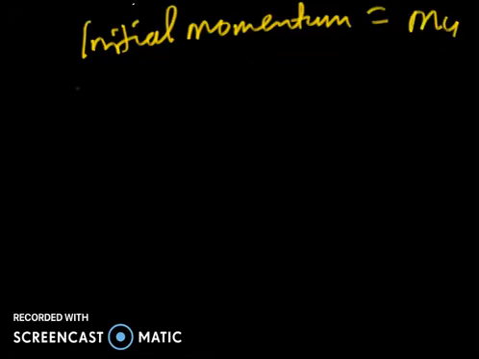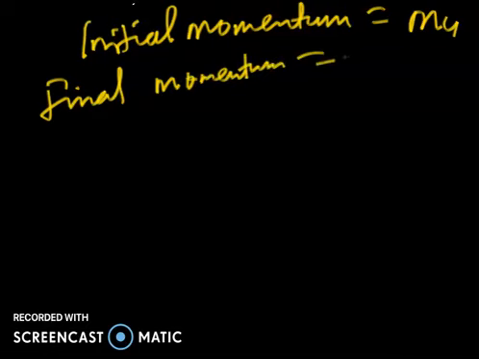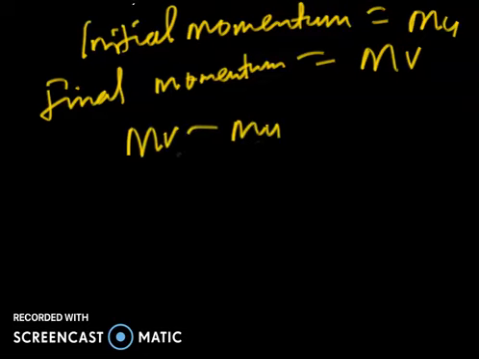We have the final momentum, which is given by mv. The change in momentum will be given then by mv minus mu. Why? Because v is the final velocity and u is the initial velocity. So the change in momentum will be given by this, of course with some time t.